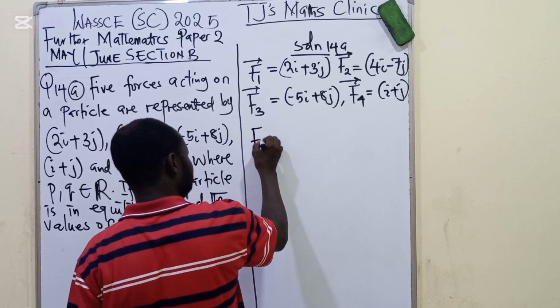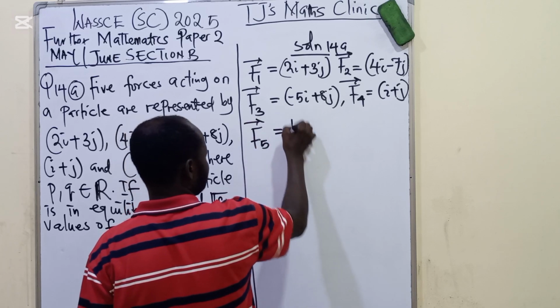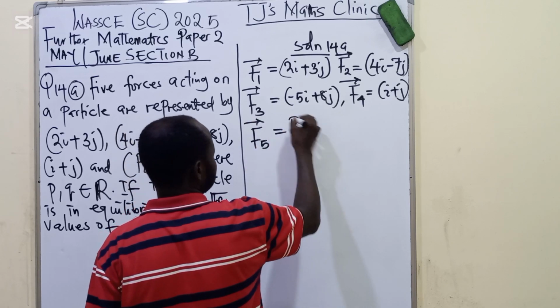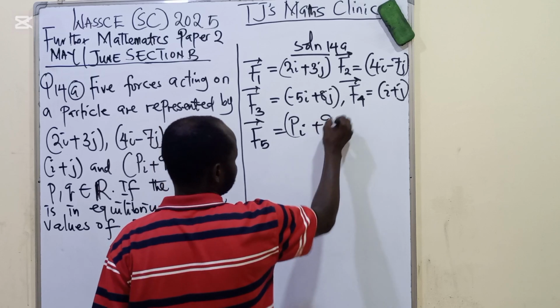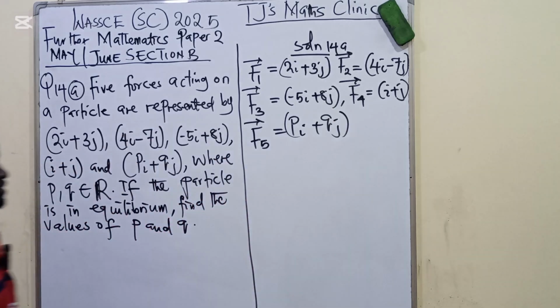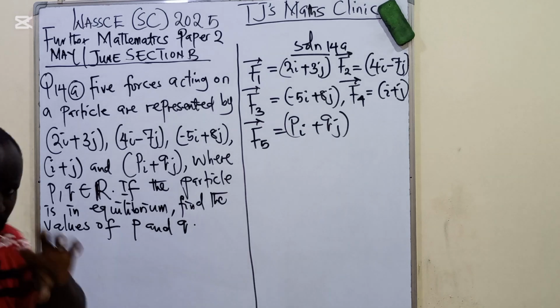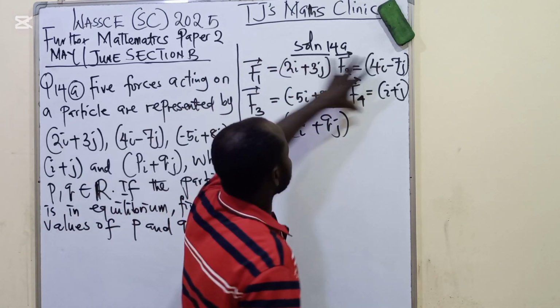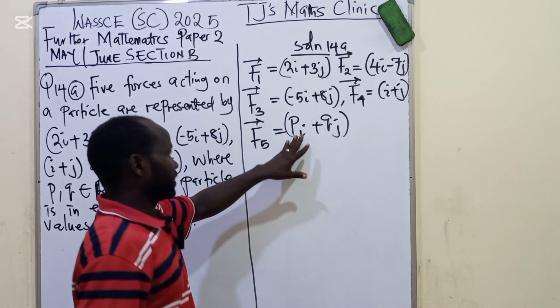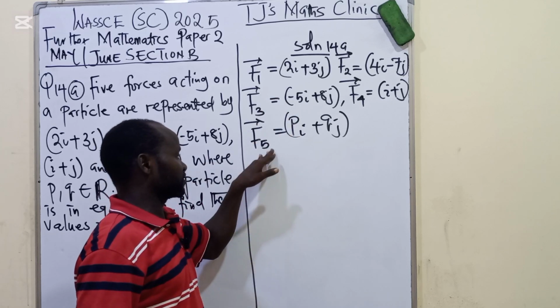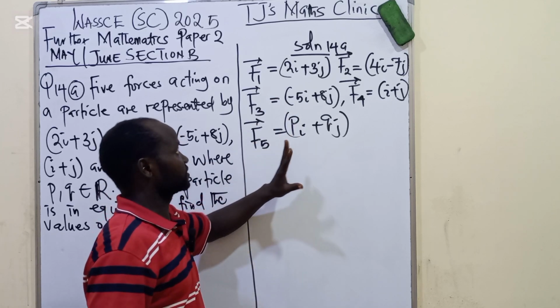Then force number 5 is giving us pi plus qj. So these are the 5 forces that we have. The first thing for us to do, let's sum these 4 forces that don't have unknowns. Then we leave the one that has unknowns first.